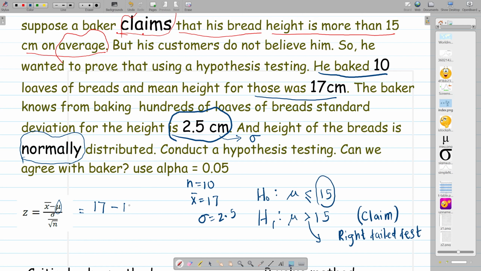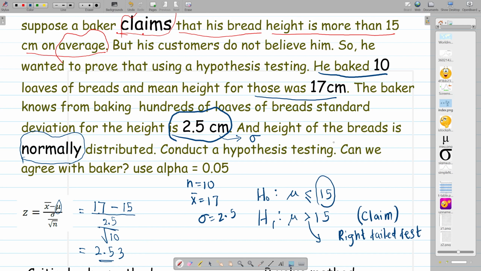So, mu is 15. Divide by 2.5 and take the square root of 10. Then the test statistic is 2.53. Round the Z test statistic up to 2 decimal places. Now 2.53. We can take the decision using the critical value method or the p-value method. We are going to do this one using both methods.